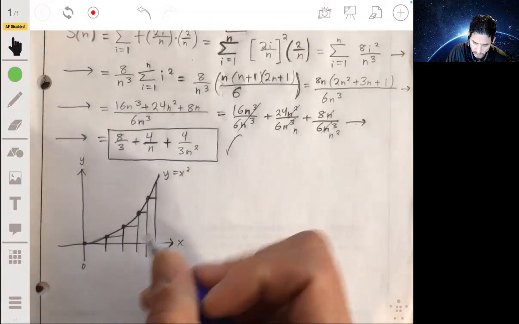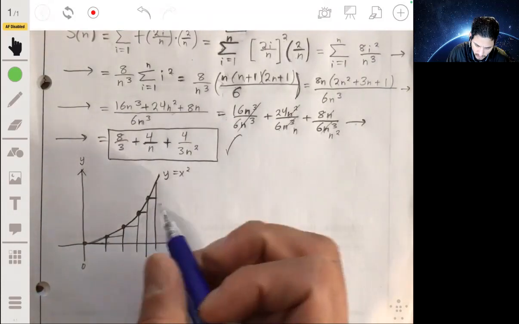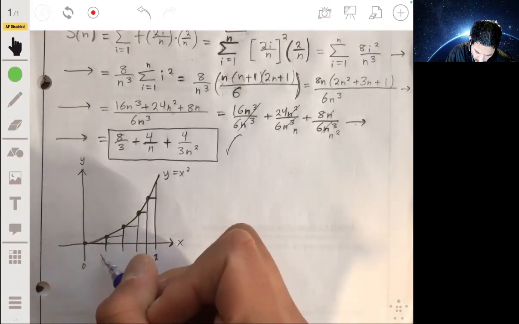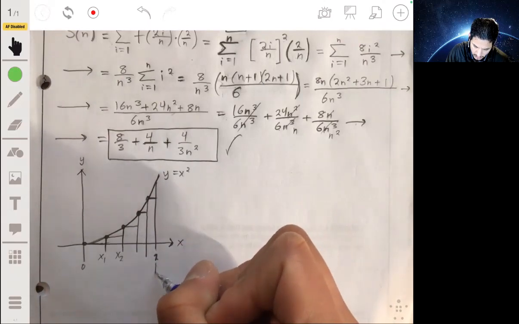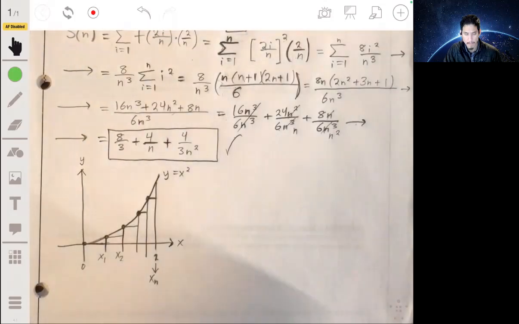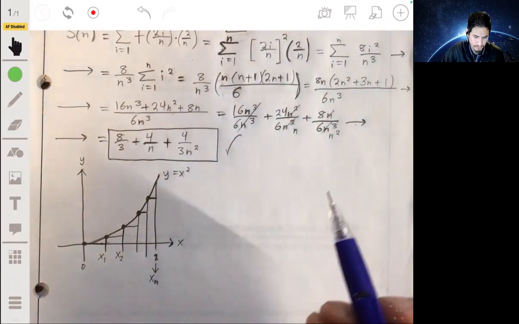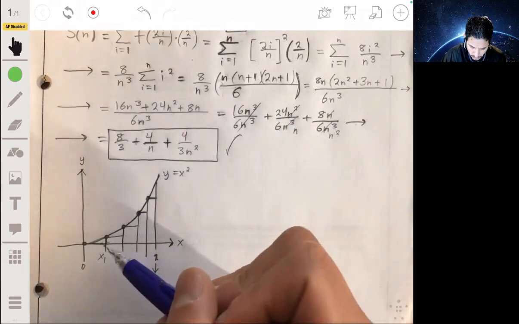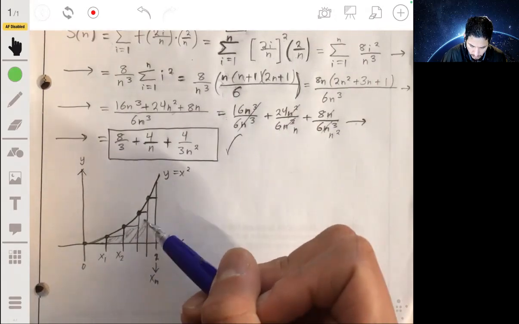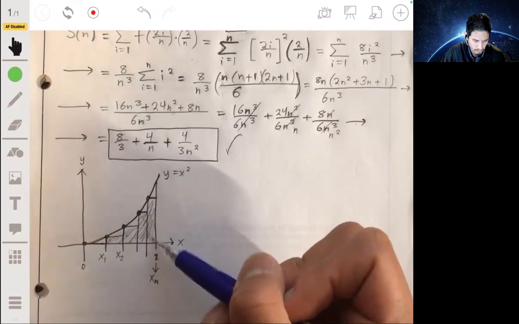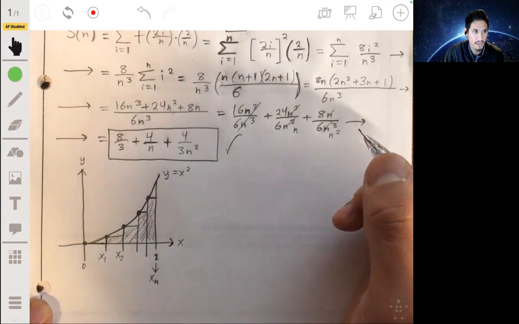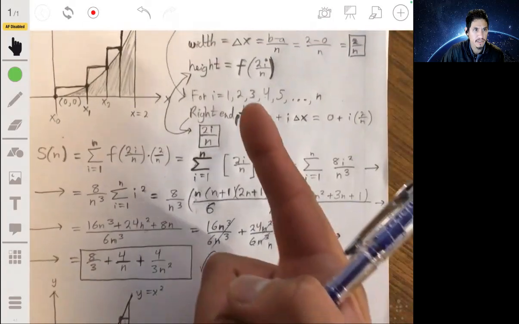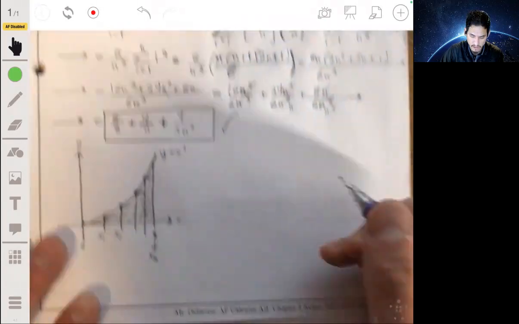Pretend those are the same width, but your rectangles would be like these guys right here. So that would be x0, this would be x1, x2, and so forth. This would be xn. Okay, so we're going to use left endpoints. So it's going to be a little bit of an adjustment from this one.